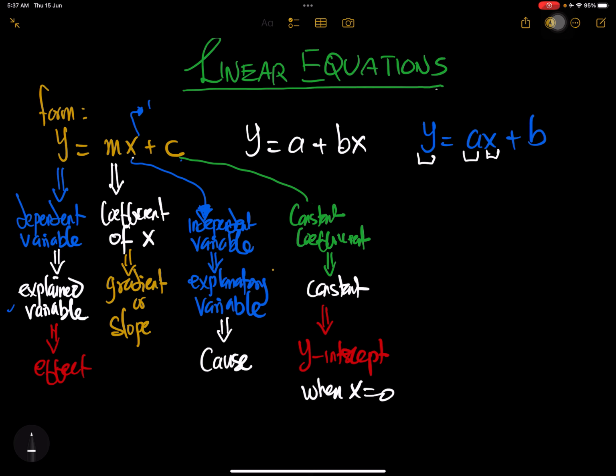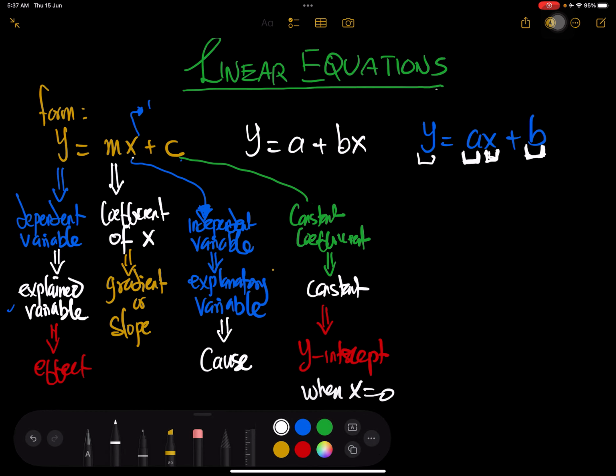Also remember that the a, which is the coefficient of x, is also known as the gradient or the slope. And then the x here is known as the explanatory variable, or the independent variable, the cause variable. Then the b here we said is known as the y-intercept, or the constant coefficient. It doesn't have any x attached to it, so it's called the constant coefficient.